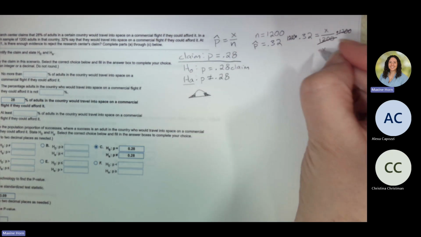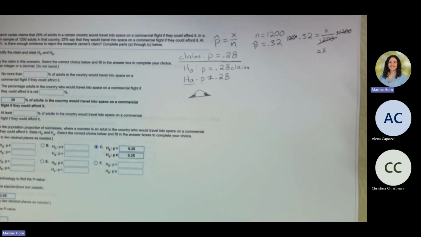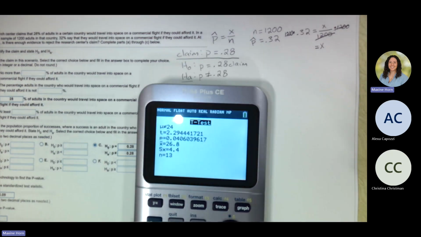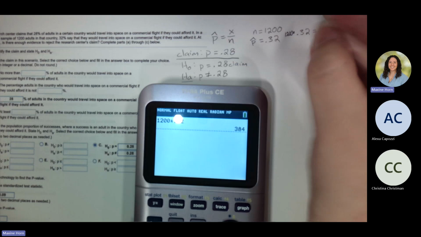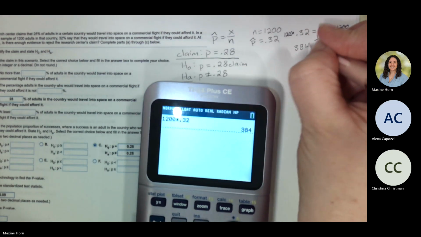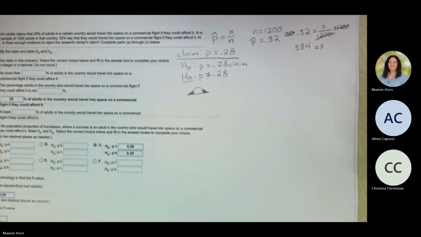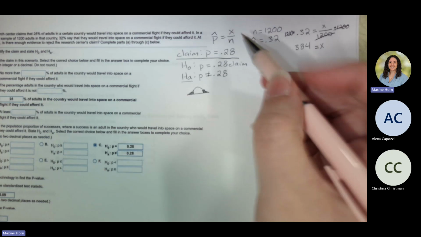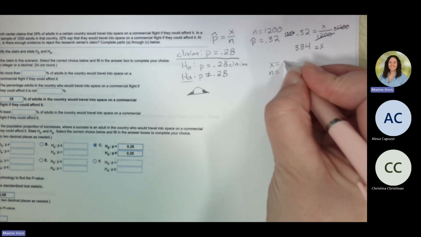And I get that x is equal to, and in the calculator, 1,200 times 0.32 is 384. Okay, because I needed to know my x and I needed to know my n. My x is 384 and my n is 1,200.